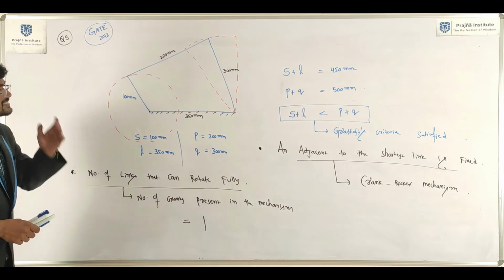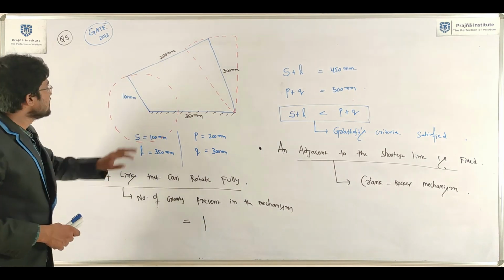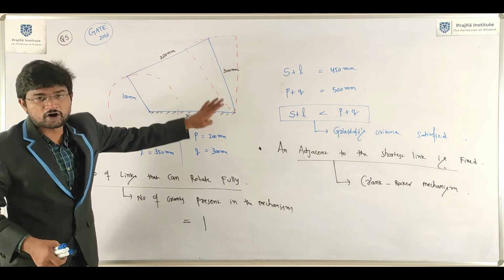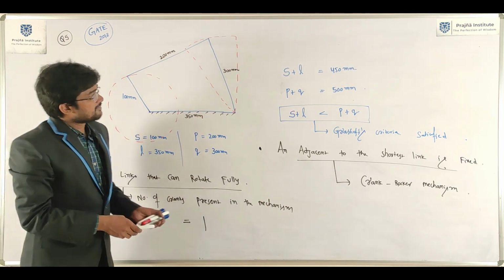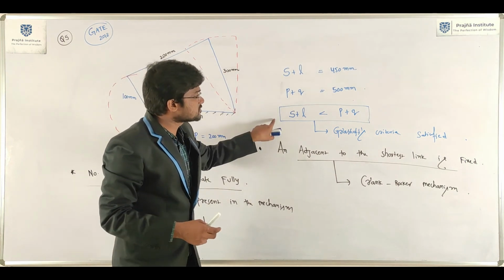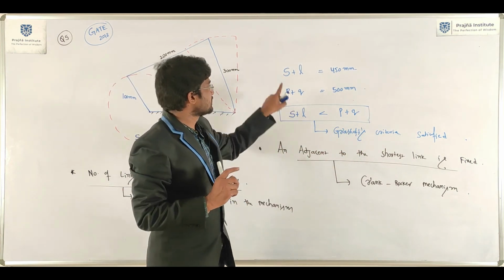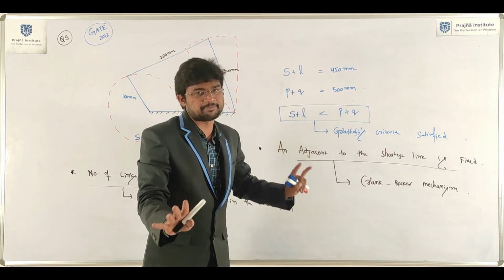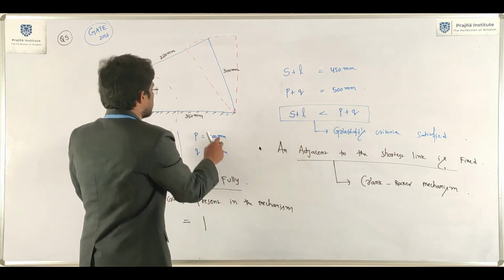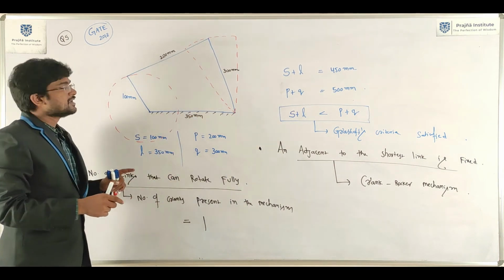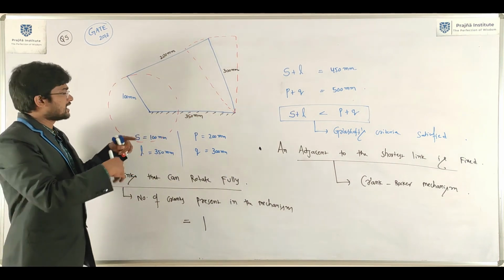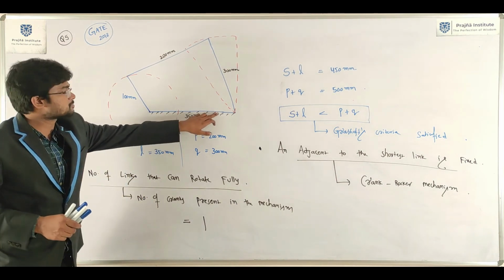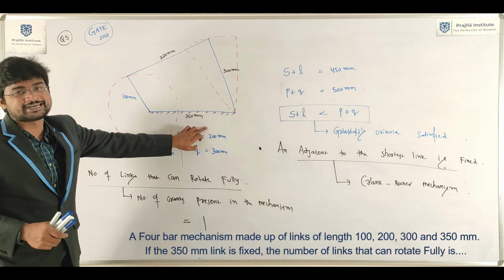Okay? So first draw the figure properly. 100, 200, 300, 350. This is the order. Then check whether it is satisfying Grashof criteria or not. S plus L 450, P plus Q 500. That means S plus L less than P plus Q. Now check whether 350 is adjacent or opposite to the shortest link. This particular link is adjacent to the shortest link.